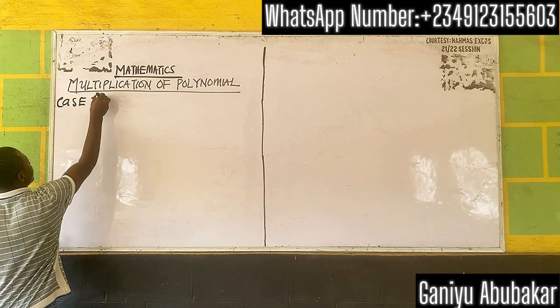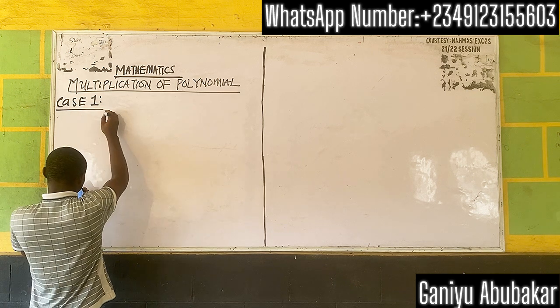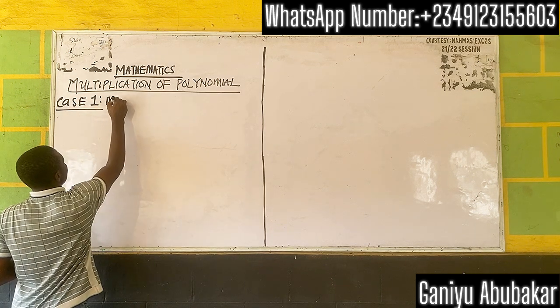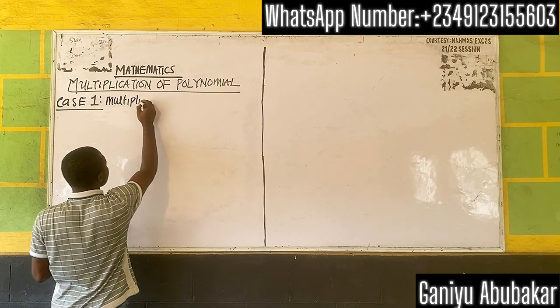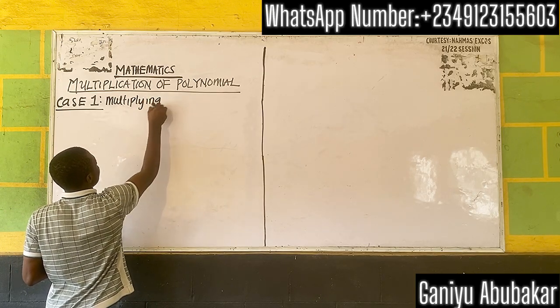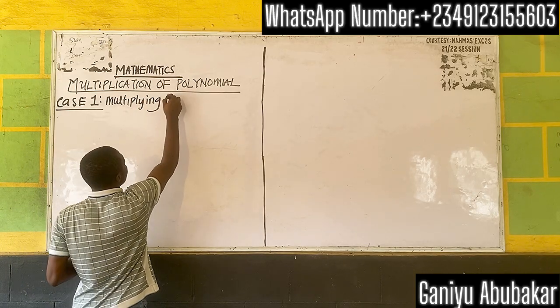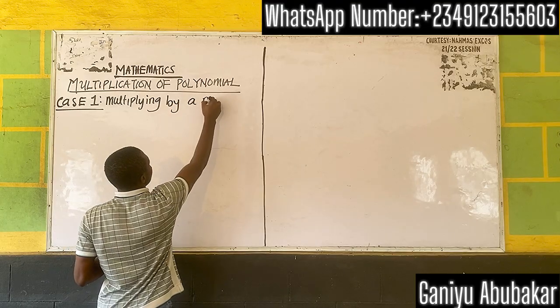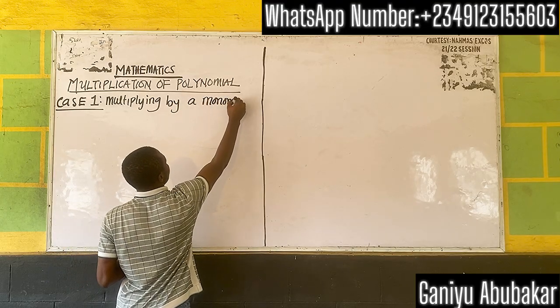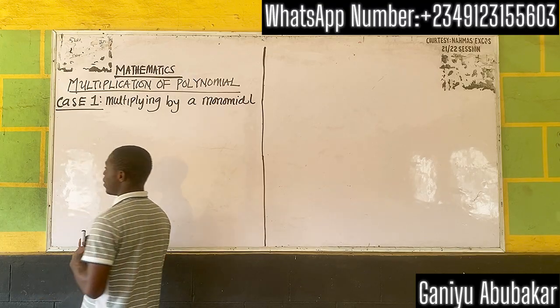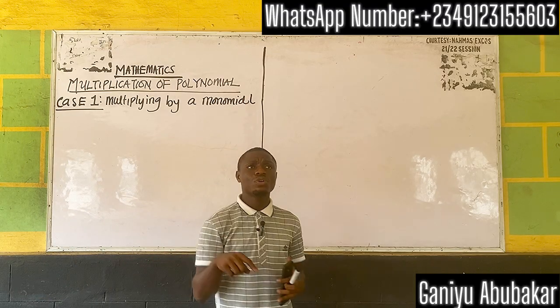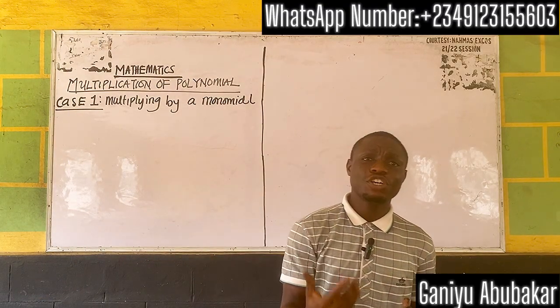The first case is multiplying by a monomial. We should understand this term monomial from when we discussed the classification of polynomials.